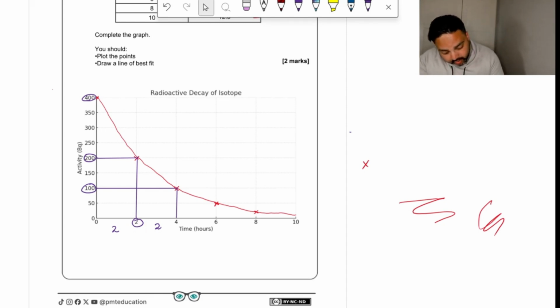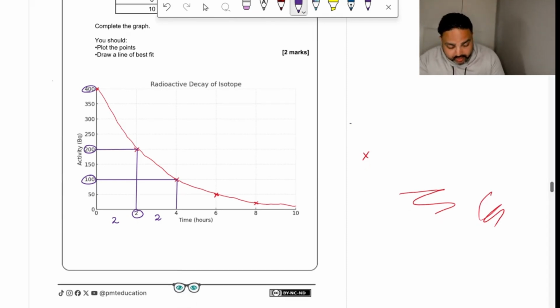So if you look at how long it takes, Isabella, what you do is you go to the y-axis, where the graph starts, you halve that number, and then you draw a line across, and then down, and whatever the number reading is, that's going to be your half-life. You can also do the same again: half 200, I get 100.